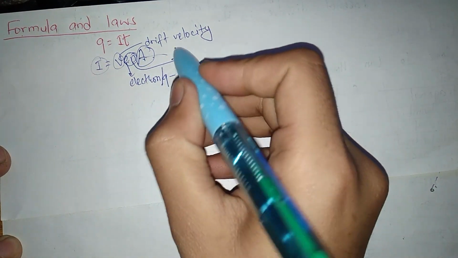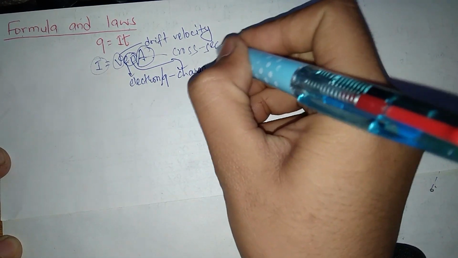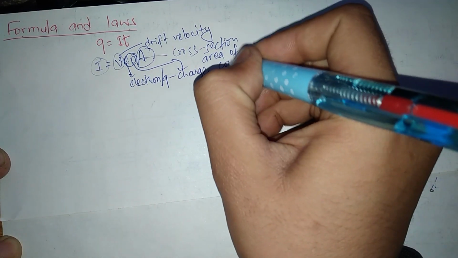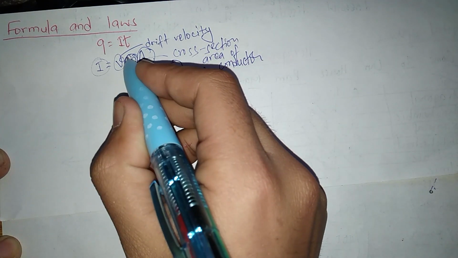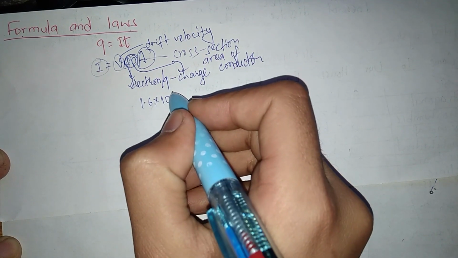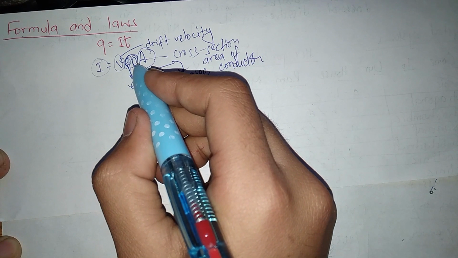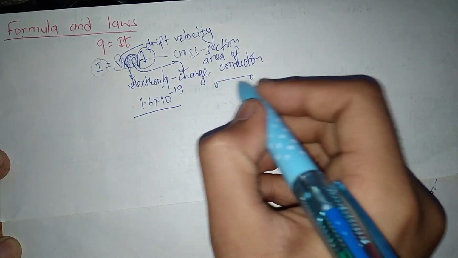A means cross section area of the conductor. Sorry, here e means charge, that is 1.6 into 10 to the power minus 19.